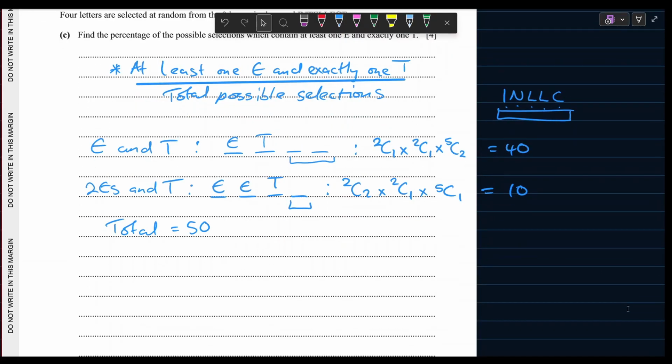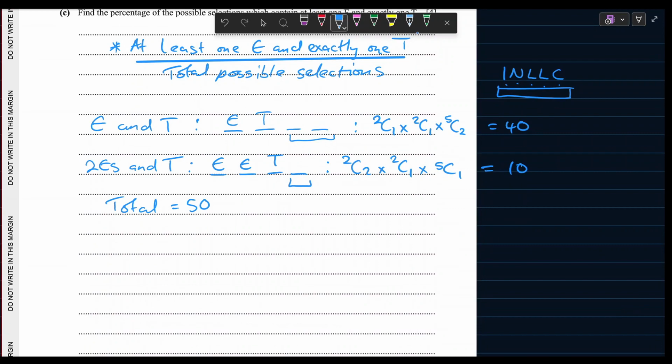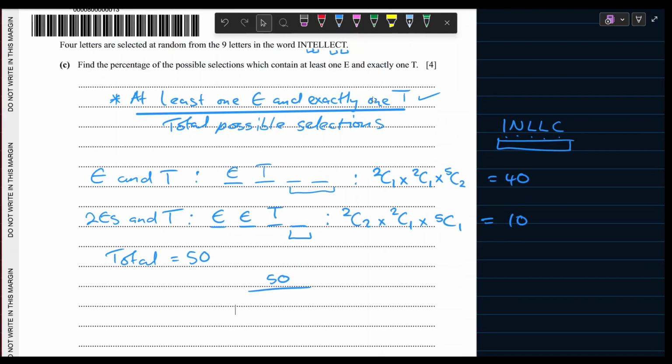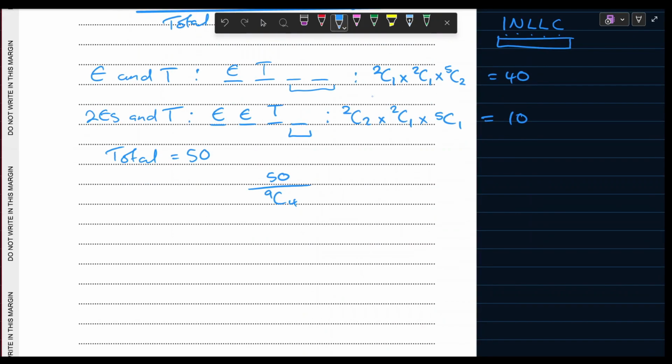And so essentially for this top statement, we've got 50. And then the total possible selections without any restrictions are going to be, we are picking from 9, and we want to choose 4 letters, so 9 choose 4. So this is 50 over 9 choose 4. What is 9 choose 4?